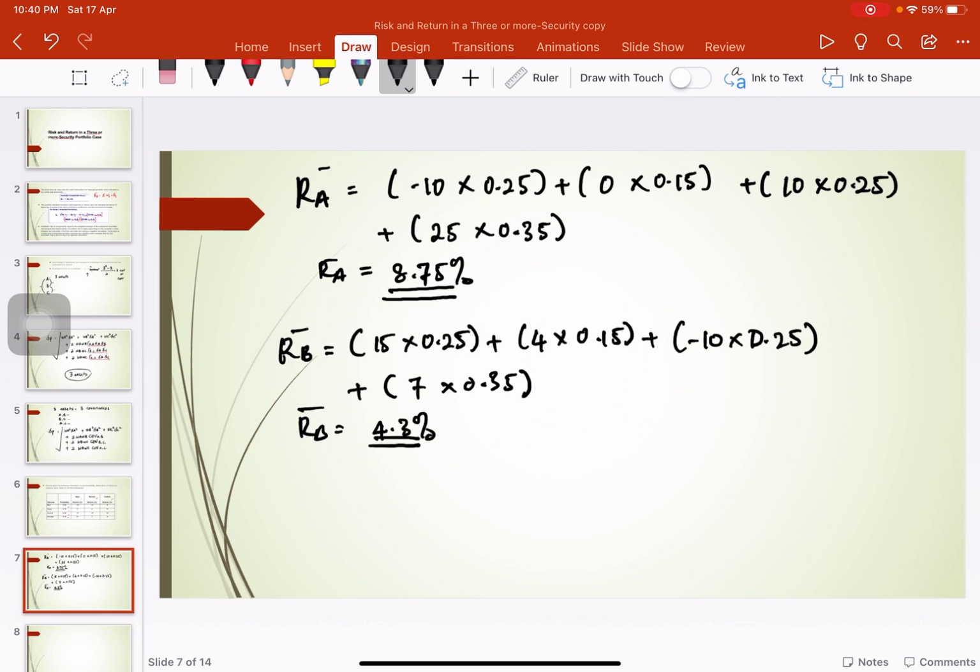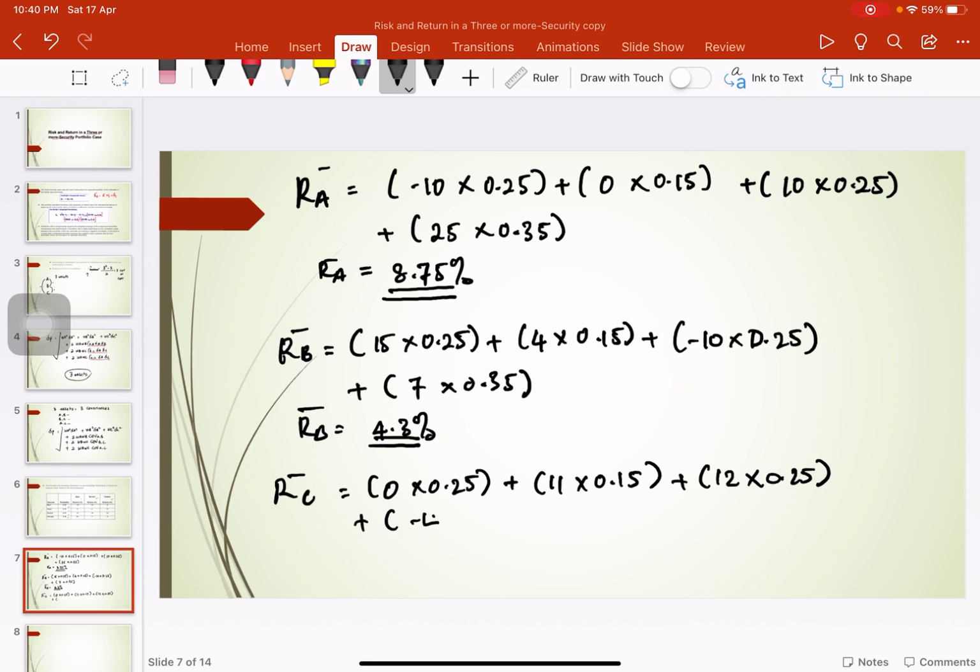And then the last one, RC or Karimin, expected return is equal to 0 times 0.25, plus 11 times 0.15, plus 12 times 0.25, plus the last observation, negative 4 times 0.35. So for RC, Karimin, you will get 3.25%. Settle for the single assets.